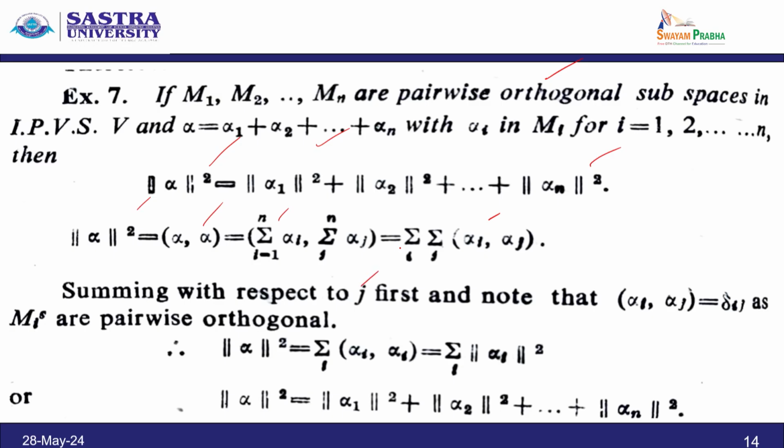Summing with respect to j first, and note that inner product of alpha i comma alpha j is delta ij, and these Mi's are pairwise orthogonal, then norm of alpha square equal to summation of alpha i comma alpha i, which is equal to summation of norm alpha i square. So, this means norm of alpha square equal to norm of alpha 1 square plus alpha 2 square and so on, norm of alpha n square.